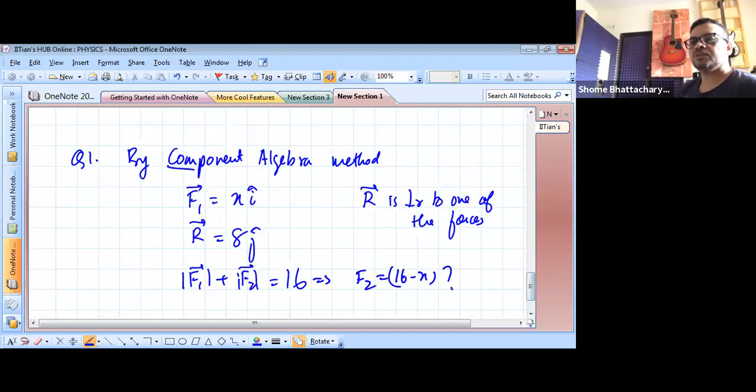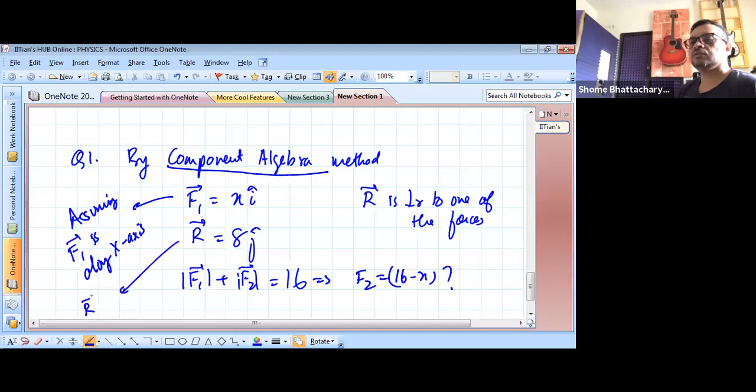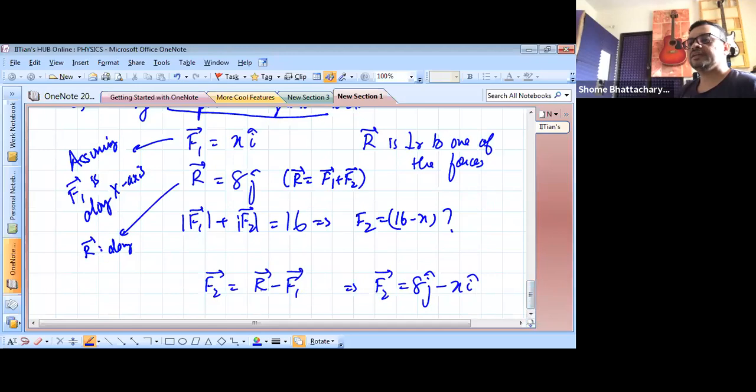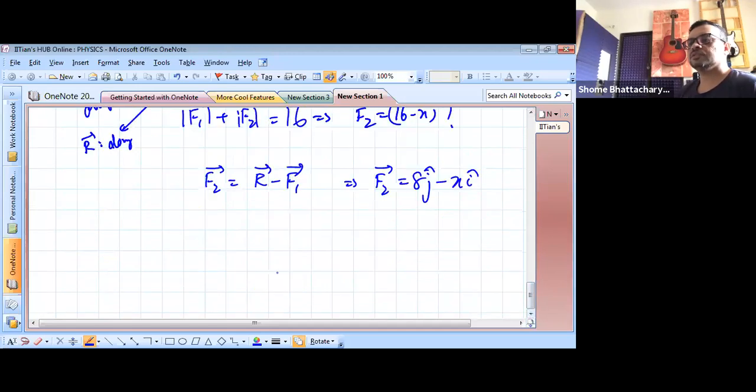We're doing by component method, so we are assuming that F1 is along the x-axis and R is along the y-axis, because they are perpendicular. So the resultant is, of course, the sum of F1 plus F2. So we can also express the vector F2 as the resultant minus F1. So the resultant is 8. Okay, so this becomes the case.